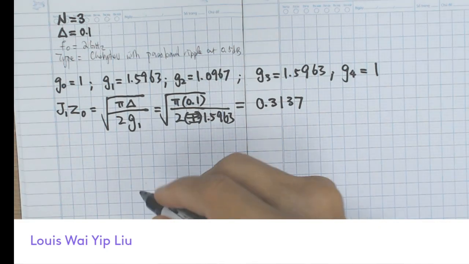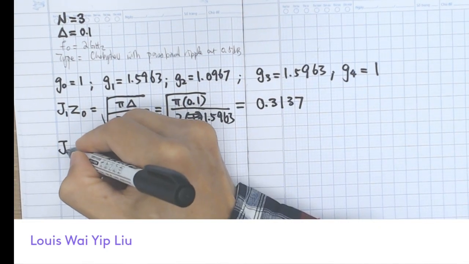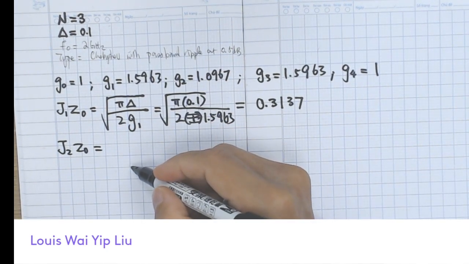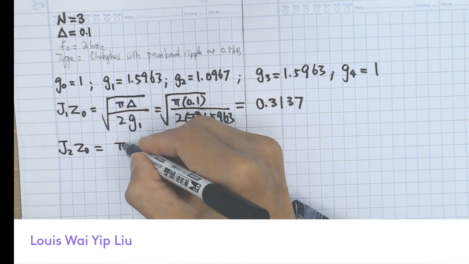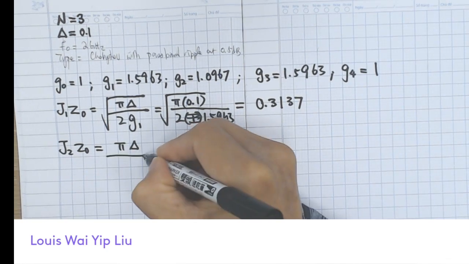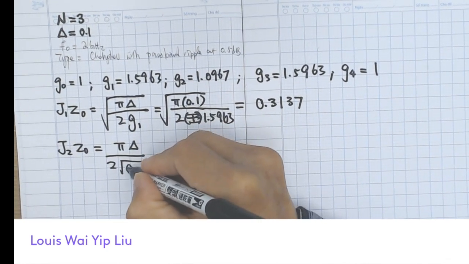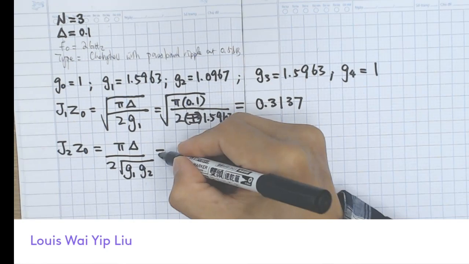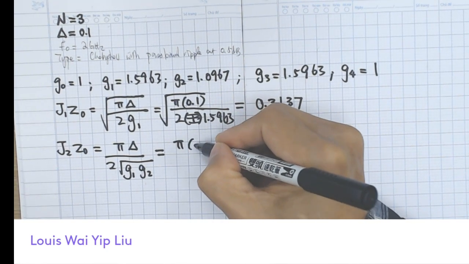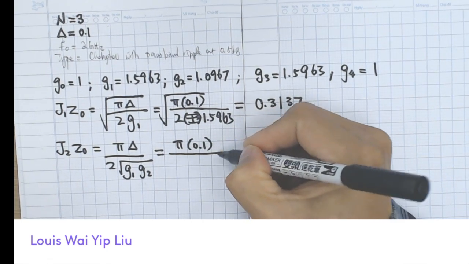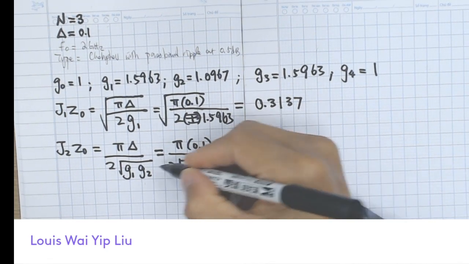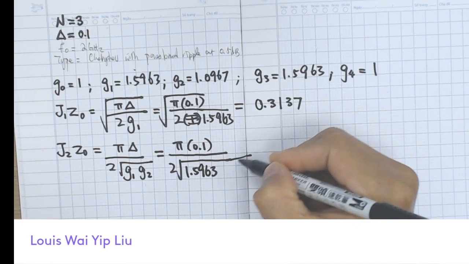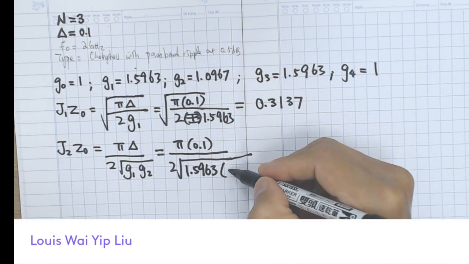Okay, the next thing is to calculate J to Z. And the formula that we need is, and with this in mind, and we get 0.1, 2, G1 is this value, and G2.